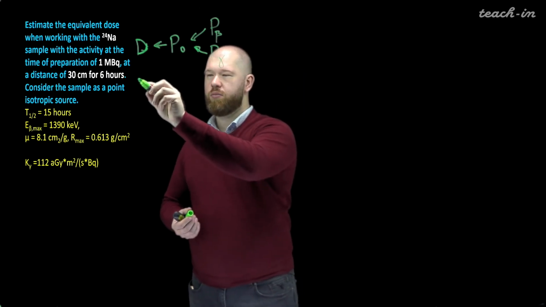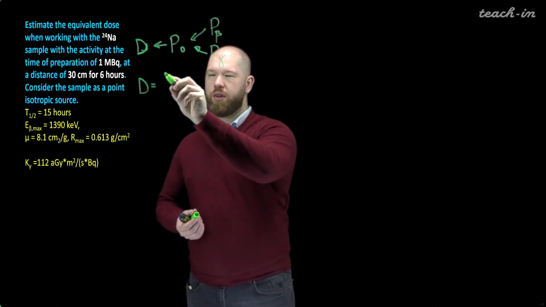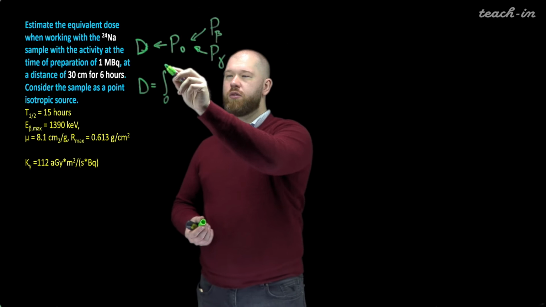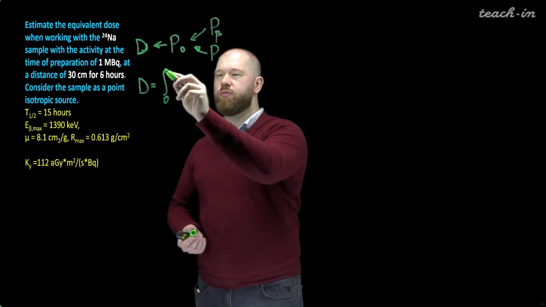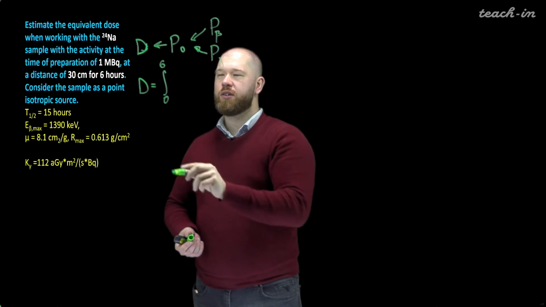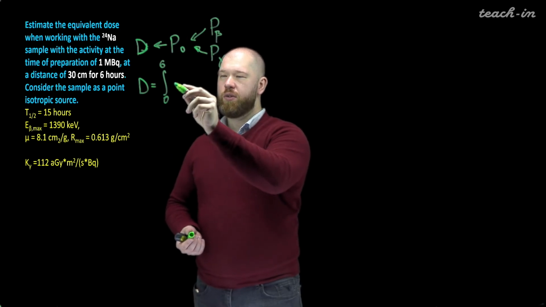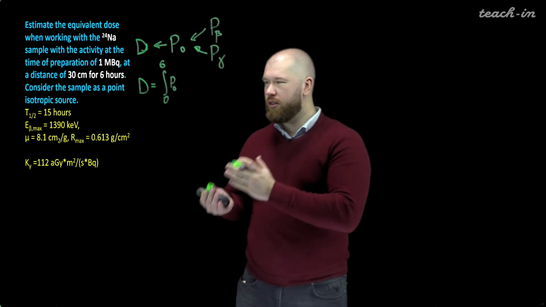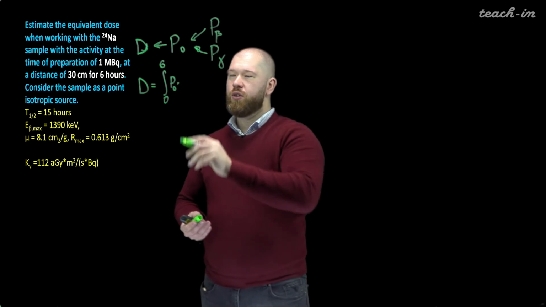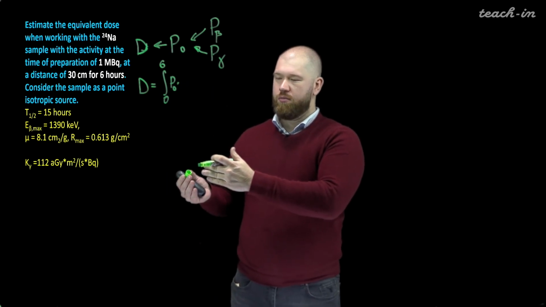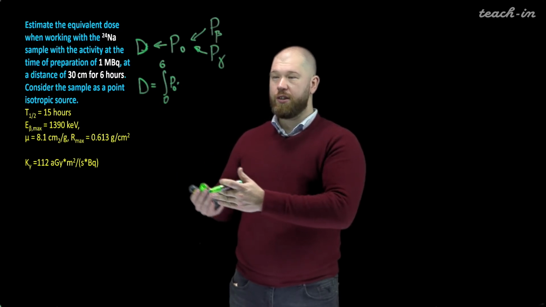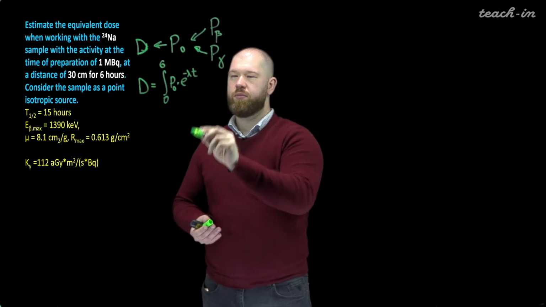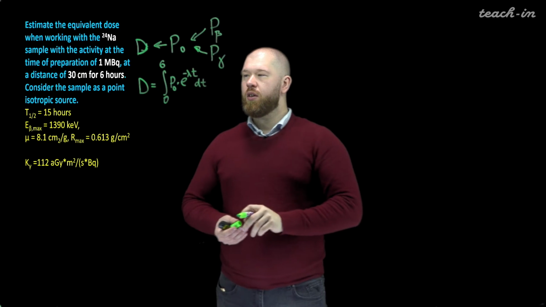In this case, dose will be calculated as an integral from our initial point in time, time equal to 0, to our 6 hours, of our dose rate calculated at the initial moment. The dose rate will also decrease with time as the activity, that means that it will be an exponent.